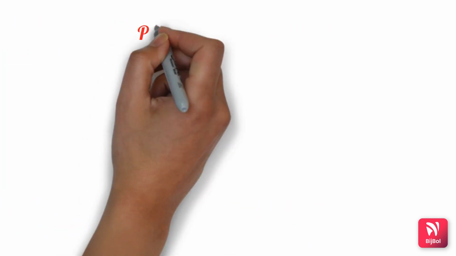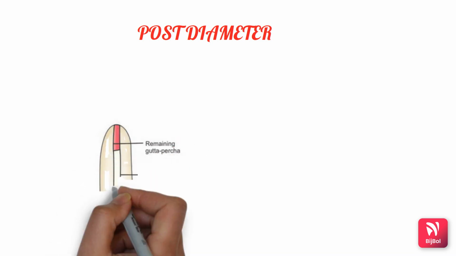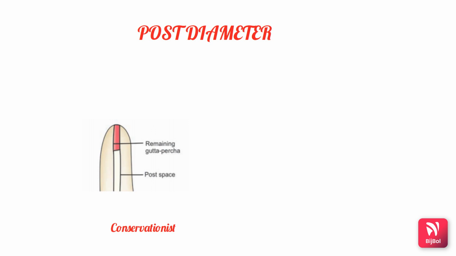If you see the post diameter, it has little difference in the retention of the post. As the post diameter increases, the resistance form also increases, but so does the risk of root fracture. So we have three different theories regarding the post diameter in the literature. One is the conservationist, which suggests the narrowest diameter that allows fabrication of the post to the desired length with minimal instrumentation.